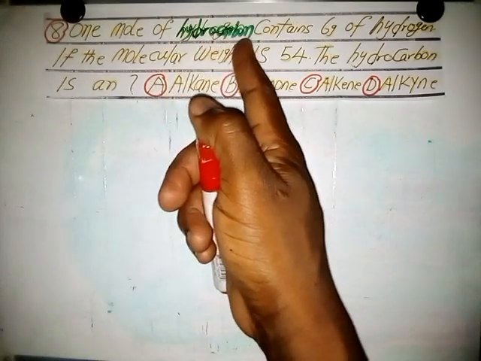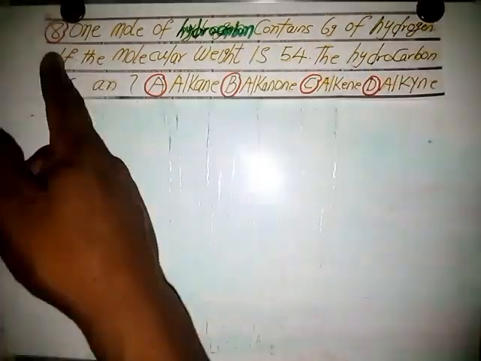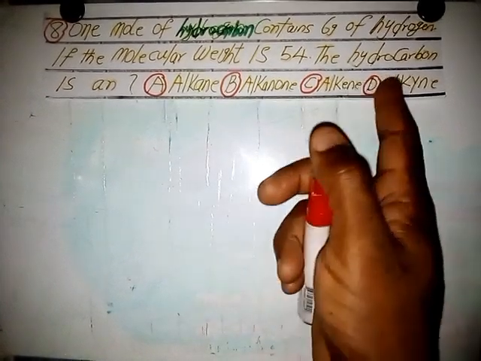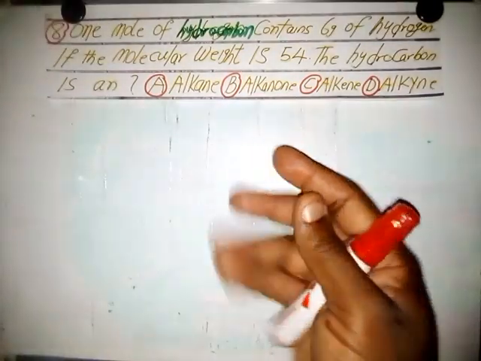Of a hydrocarbon, the molecular formula of the carbon, is it an alkane? It's a hydrocarbon, meaning carbon and hydrogen, CH. We were given the mass of hydrogen. Now they want you to get the formula. They didn't give you the mass of the carbon, but you were given the molecular weight as before.